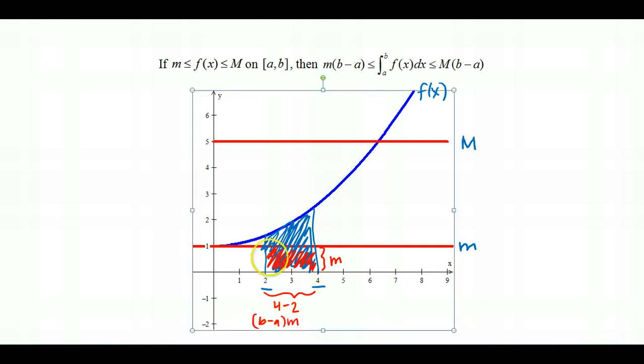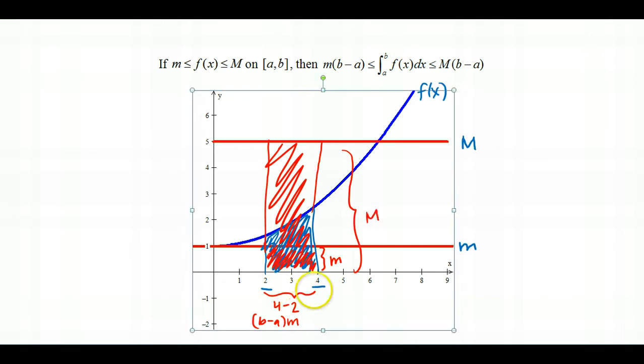So I know that the actual blue area I was searching for, well, it's more than b minus a times m, and it's less than, so if I go all the way up to the bigger M function, and I consider all of this area, well, that's way too much. So that's going to give me an over approximation. So the actual area, the blue area, is trapped between the smaller rectangle made by b minus a times little m, and it's smaller than the area of the bigger rectangle, which is this height here, this big M, times the width b minus a, in this case 4 minus 2.